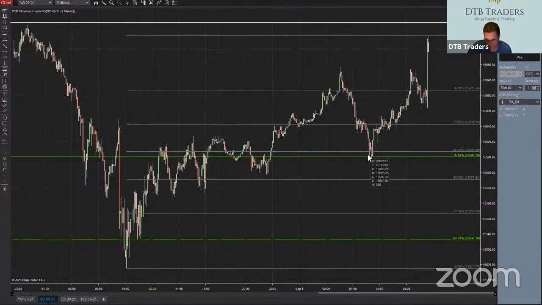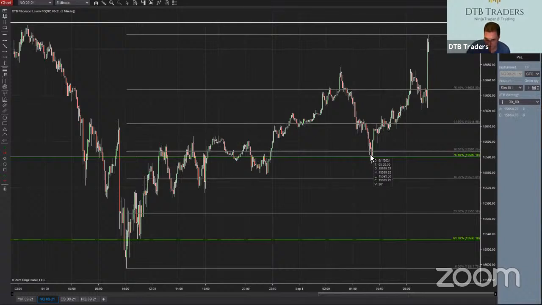So another incredible opportunity there to be taking positions, even manual positions, from that 76. And what happened is the price only went 19 ticks below the 76, and then it basically shot up again from there.